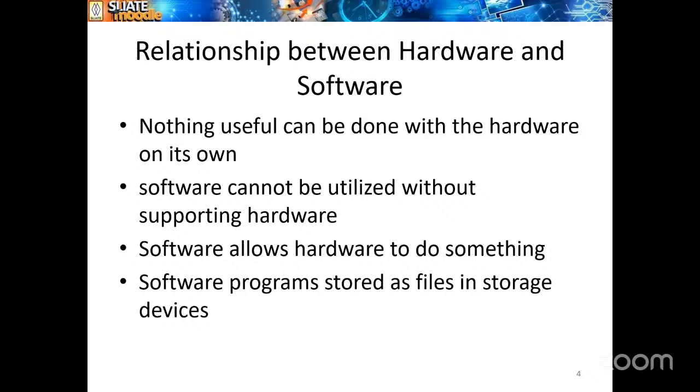This application needs to perform some task with the help of the hardware. In the previous class we talked about the CPU, central processing unit. In that we have the CU, control unit, and the arithmetic logic unit, ALU.